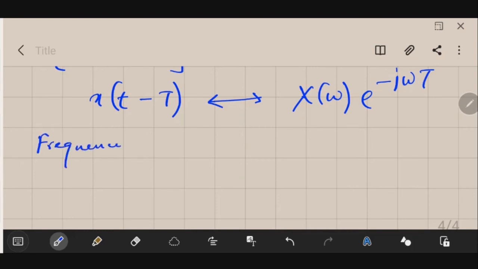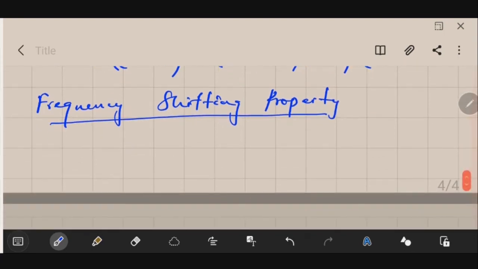Let me write the statement first. The frequency shifting property states that multiplication of a function x of t by e to the power j omega 0 t is equivalent to shifting its Fourier transform X of omega in the positive direction by an amount omega 0.